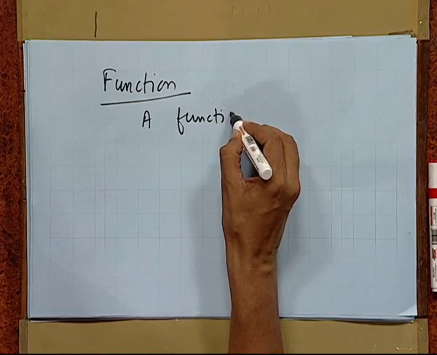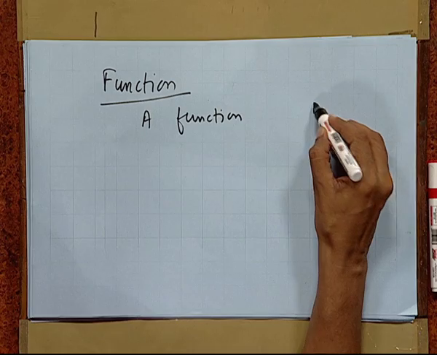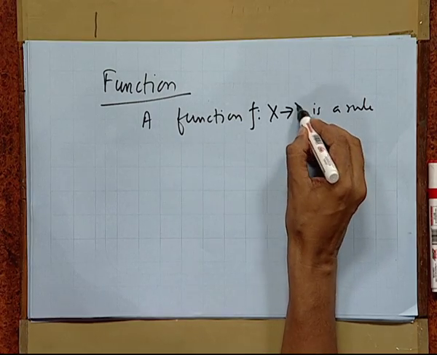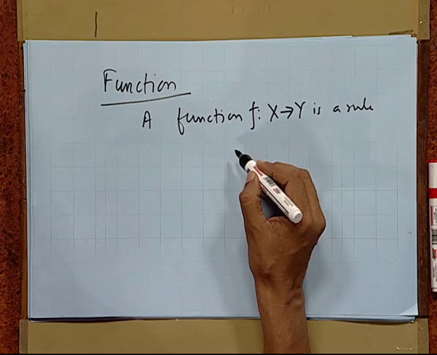A function is a rule. We give a name to it, f: X to Y. Here X is a non-empty set, and Y is also a non-empty set. What does it do?